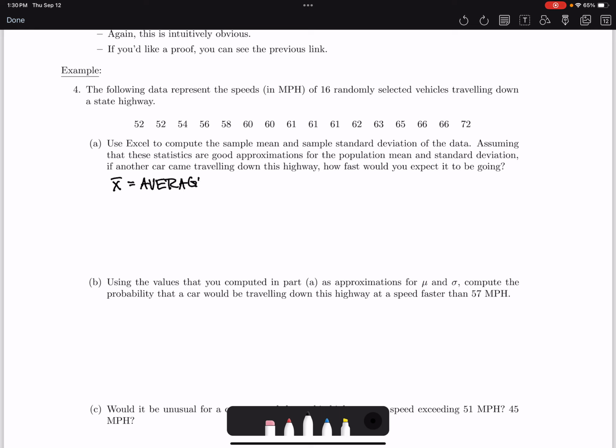And then we would select our data. And it turns out that this is approximately 60.6 miles per hour. And for the standard deviation, we would use standard deviation dot s for sample, select our data, and this comes out to about 5.4.